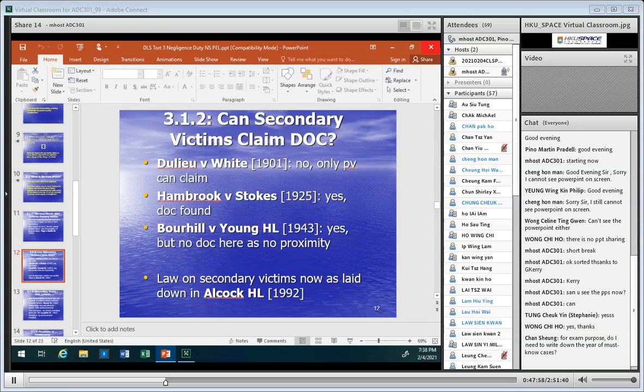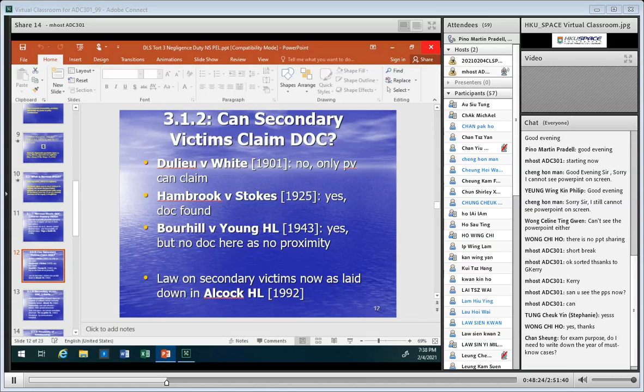Bourhill and Young, House of Lords, a little bit later, said yes, a secondary victim can still make a claim for a duty of care if they suffer nervous shock, but again, you've got to show proximity. And unfortunately, in Bourhill and Young, the plaintiff concerned was not able to show proximity of relationship nor proximity of time and space.